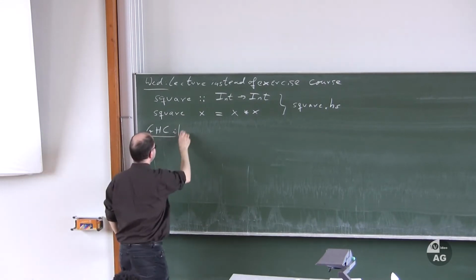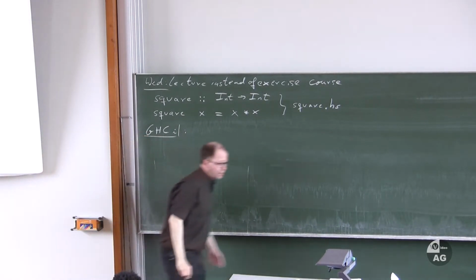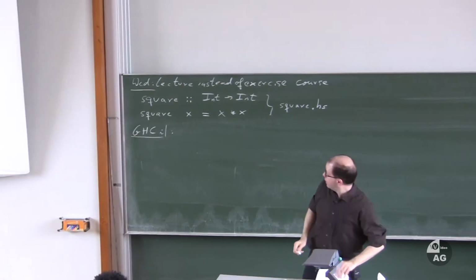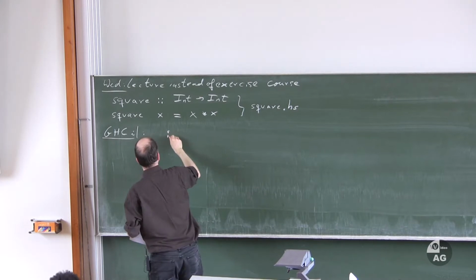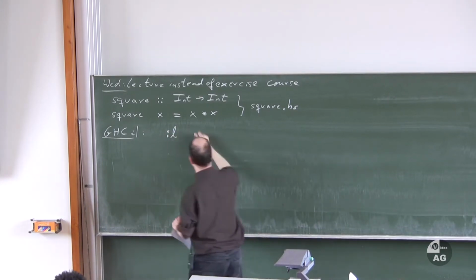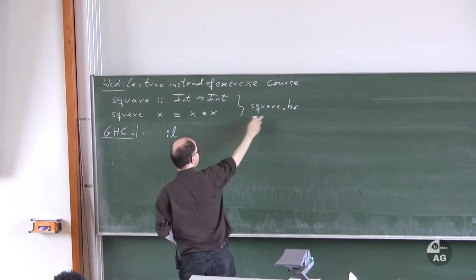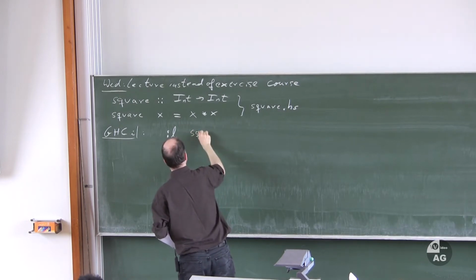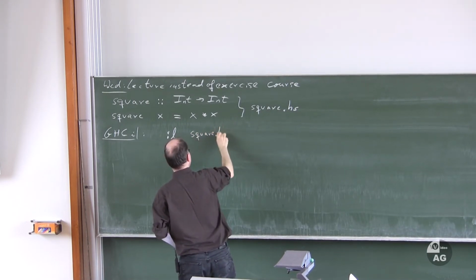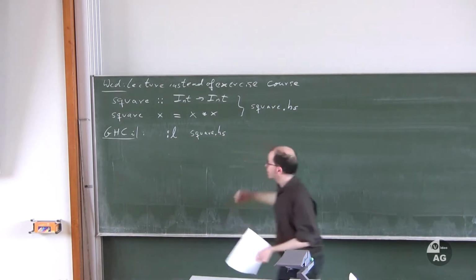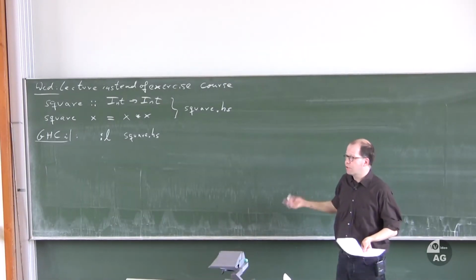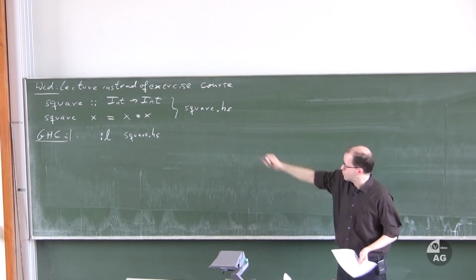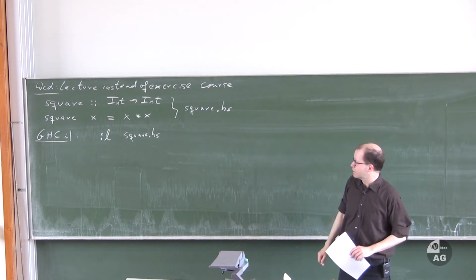There are certain commands here, and the commands in this interpreter start with a colon. So for example, :l means load. If I say load square.hs, then it loads this file. And now Haskell knows not only the predefined operations, but also the operation square that we defined ourselves.